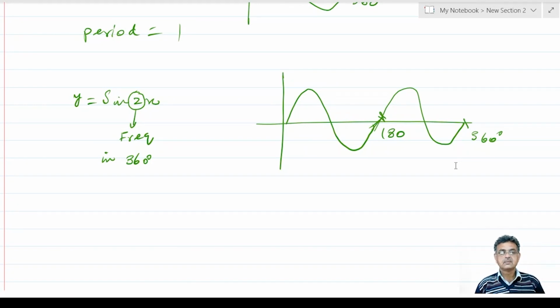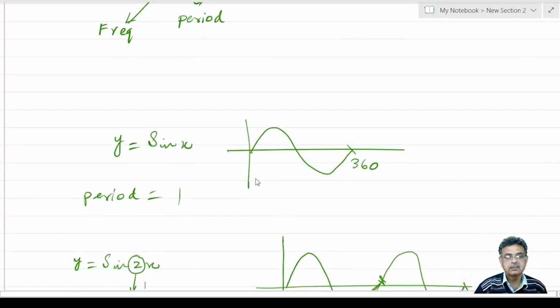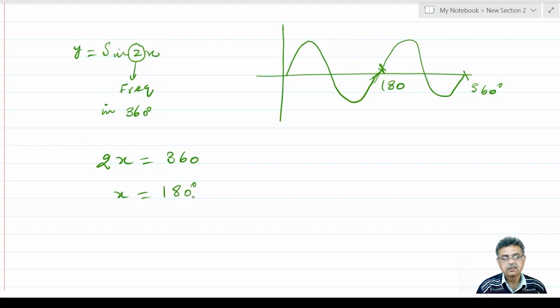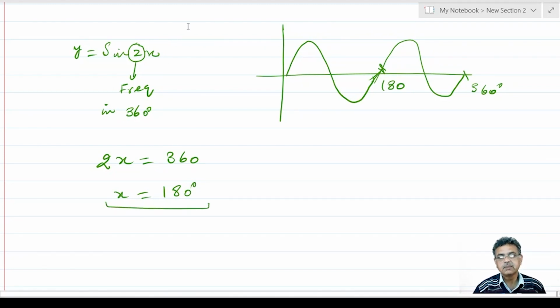Whenever we know that one cycle is completed in 360 degrees, then if the angle is 2x, place 2x equal to 360 degrees, then x is equal to 180 degrees. That means one cycle of the graph is completed in 180 degrees. So the period of this graph is 180 degrees.